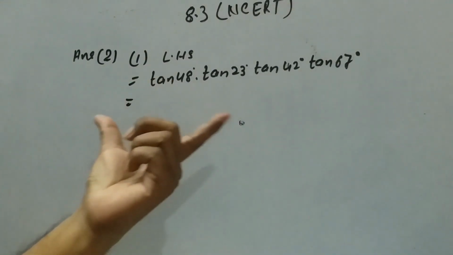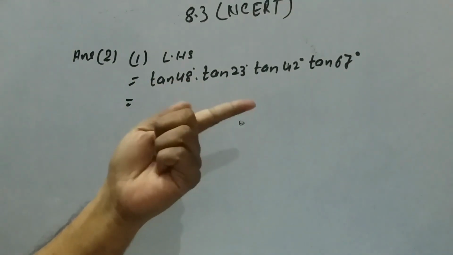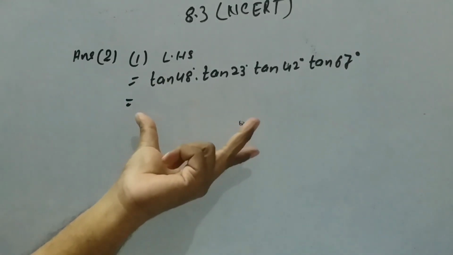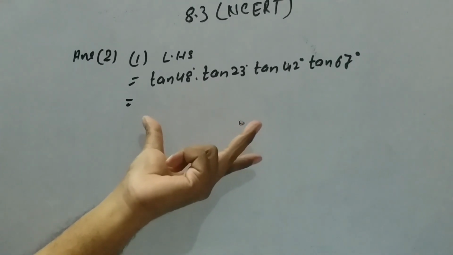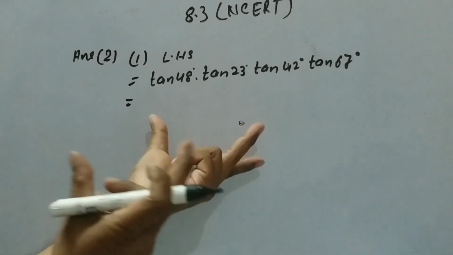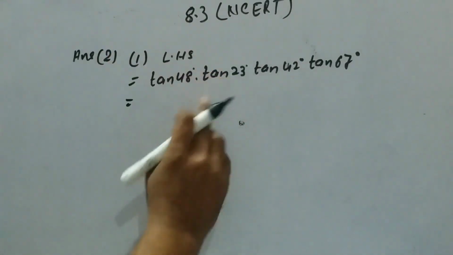Now watch this question carefully, and these are in product form. So you will make pairs of complementary angles. It means find the pairs of complementary angles here.